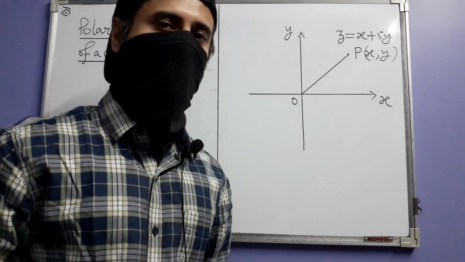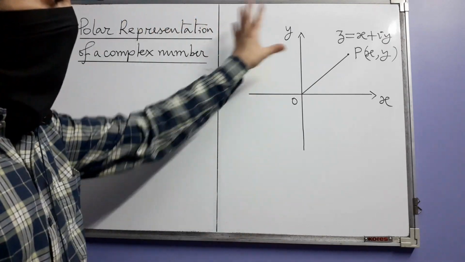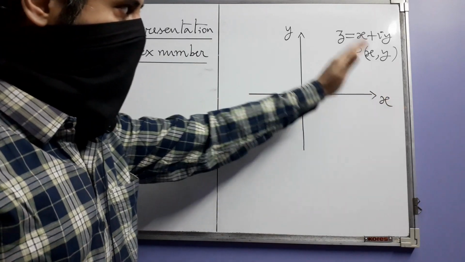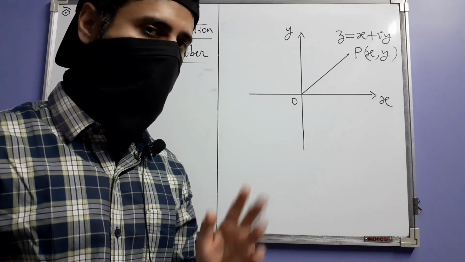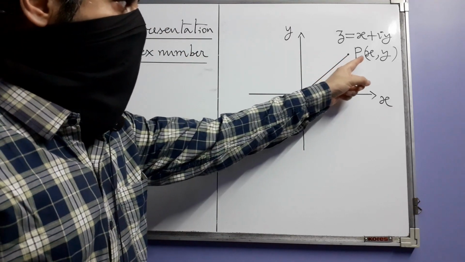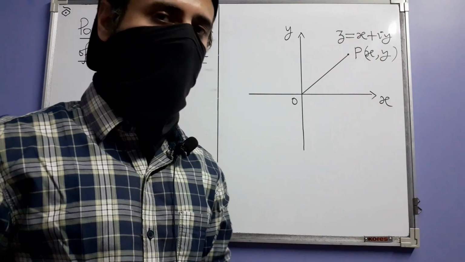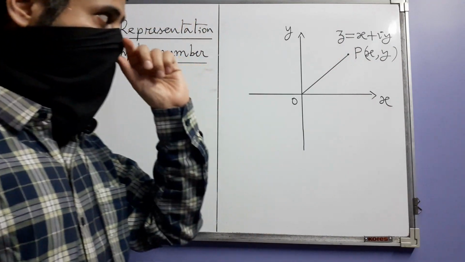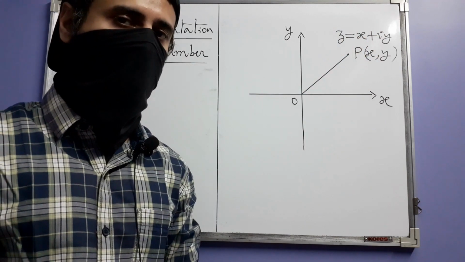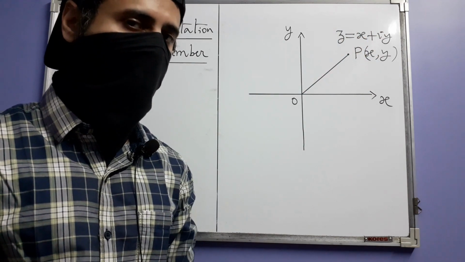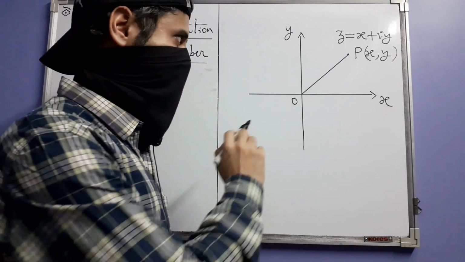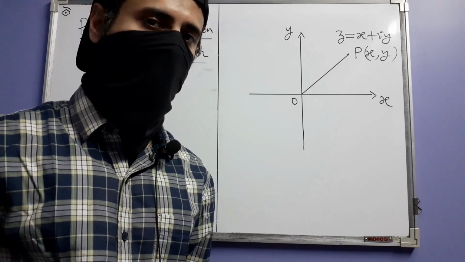So this is the setup. We have the complex plane. So the complex plane always comes with the real axis and imaginary axis. Those things are always there. And say our point is P with x coordinate x and y coordinate y, and it is associated with the complex number z equal to x plus iy or x plus yi. So what we do, how can we introduce polar coordinates here?